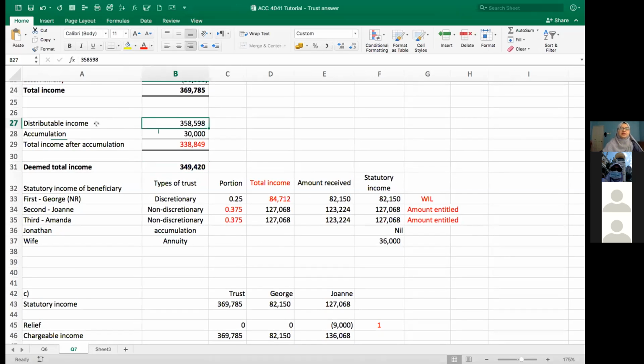And then minus accumulation, then you have total income after accumulation. So I would say this one as A, this one as B, this one is C. Alright, so your deemed total income is actually A times by C over B. Am I right?